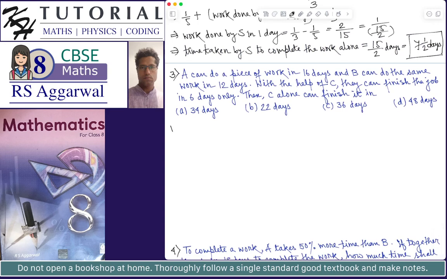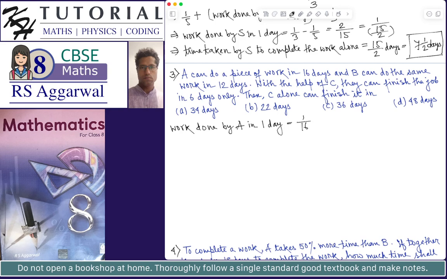So we know that work done by A in one day will be equal to 1 by 16. Since it is given A can do a piece of work in 16 days, using the first general rule, we can say that in one day A will do 1 by 16 amount of work.